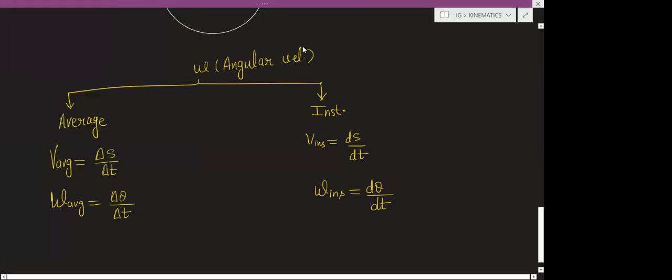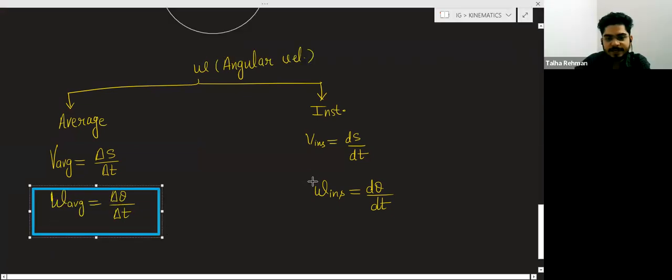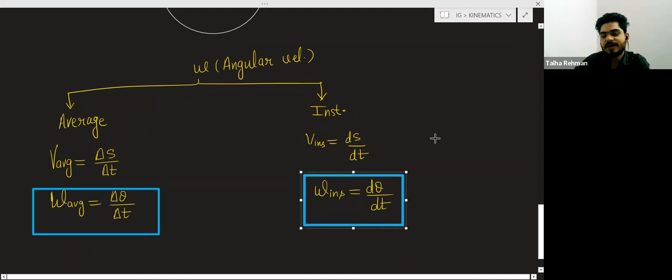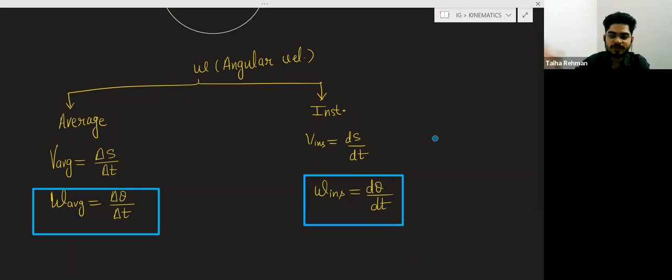So d is the delta, right? The d things I have told you in the last chapter also. Delta we use for calculating the average, for a definite period of time.